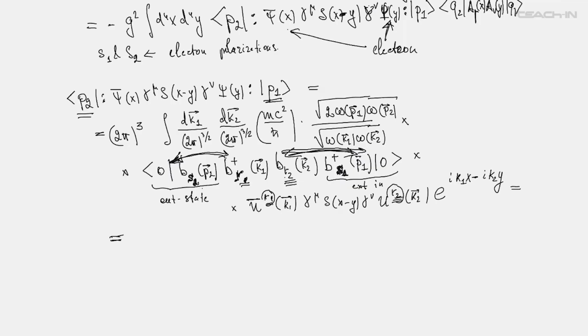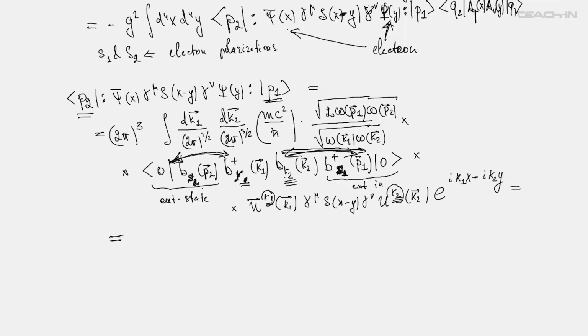And that is why, upon performing this anti-commutation and taking the integrals over K1 and K2, this matrix element gets down. So these factors of 2 pi cubed will cancel, and this matrix element gets down to the following expression.